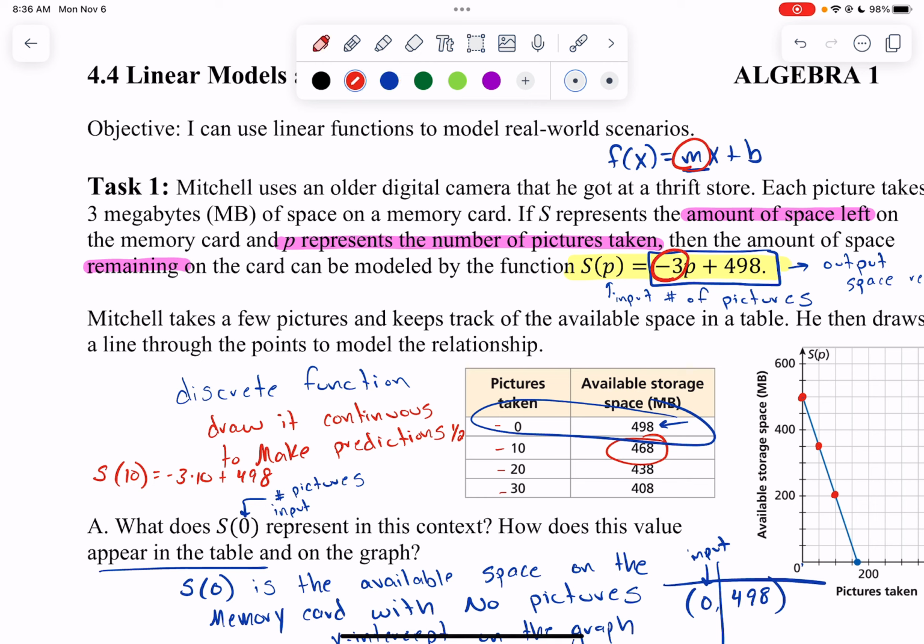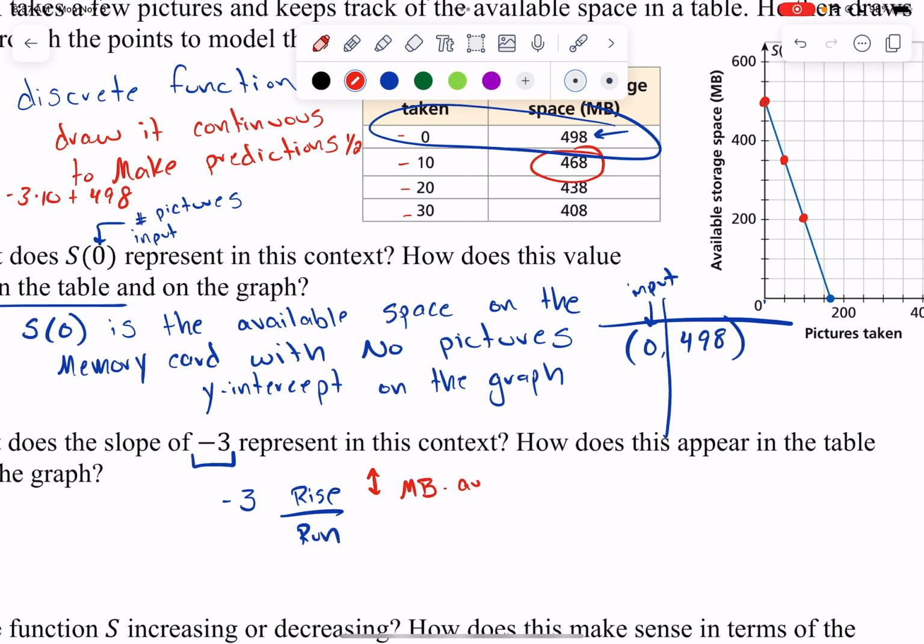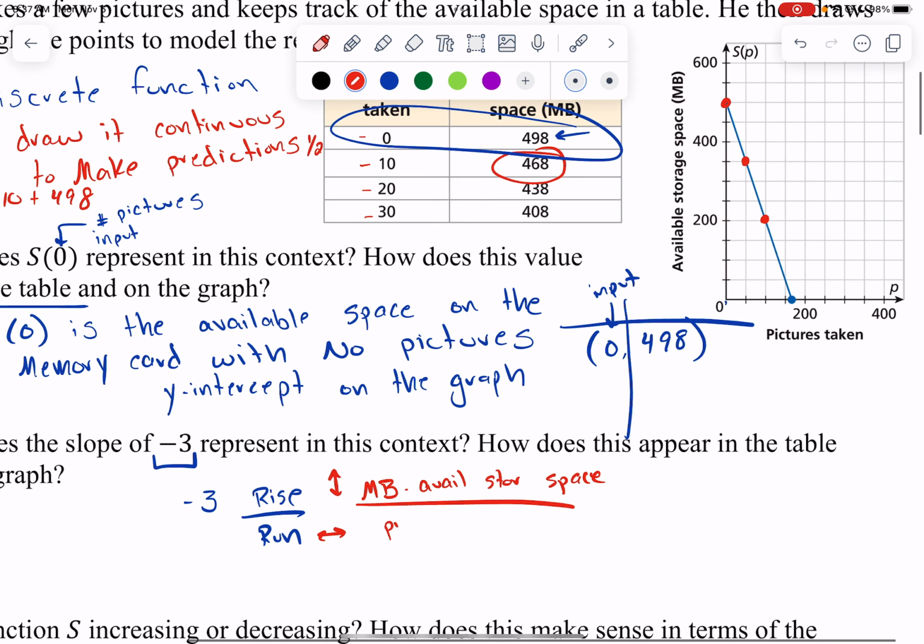So slope is rise over run. My rise, again, is the up and down. The up and down, in this case, is available storage space. So the rise is the megabytes, or the available storage space. The run is the left and right, which is the pictures taken.